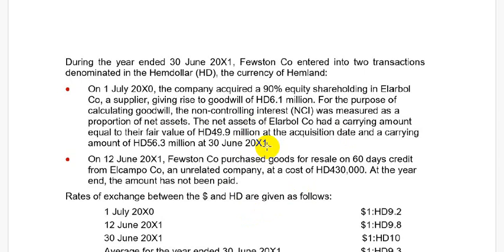From knowledge, we know that goodwill is an asset, and according to the foreign currency standard, assets should be translated at the date of acquisition and retranslated at the year end to determine whether there will be an exchange gain or an exchange loss.